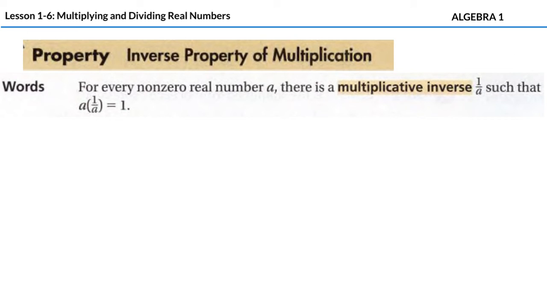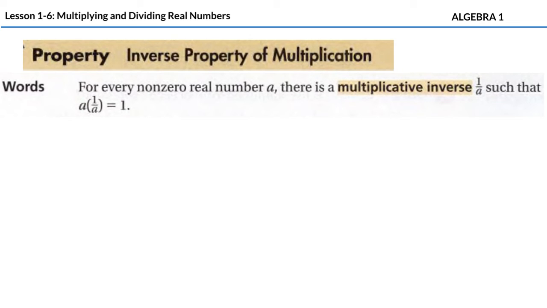Let's understand what is an inverse property of multiplication. For every non-zero real number a, there is a multiplicative inverse 1 over a such that a times 1 over a is equal to 1. What does it mean?